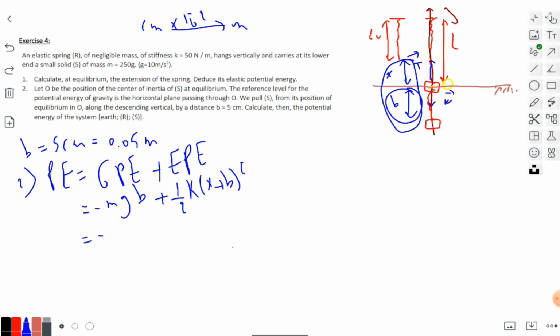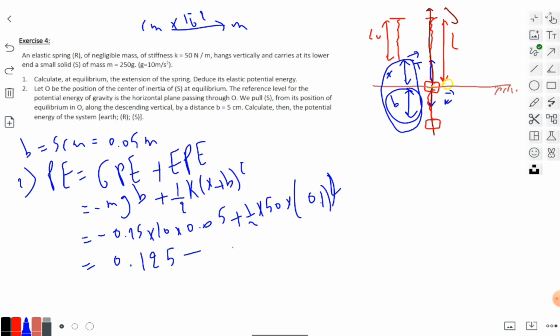So we obtain minus 0.25 times 10 times 0.05 plus half times 50 times 0.1 square. It's equal to 0.125 joule. So this is the potential energy.